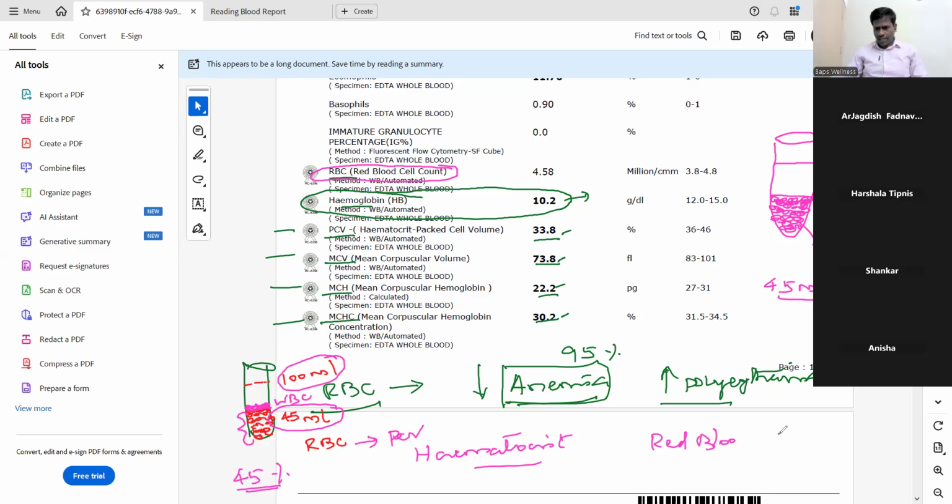The shape of the RBCs is biconcave. Consider the cross section, because at the center it will be concave, so that it can bend and move through even minute capillaries.